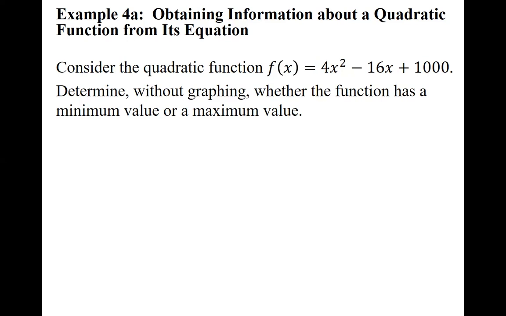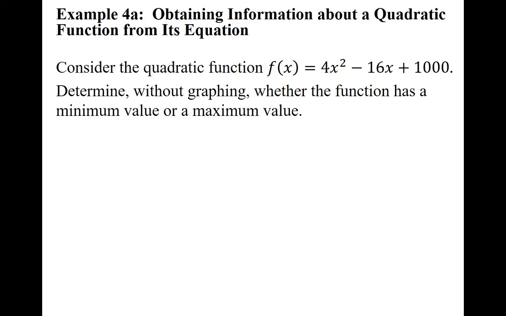That would be 16 over 8. That'd be 2. So x equals 2. Plug that in. Get the minimum or maximum value. But we don't have to do that. All we have to do is determine whether it is a minimum or whether it is a maximum.